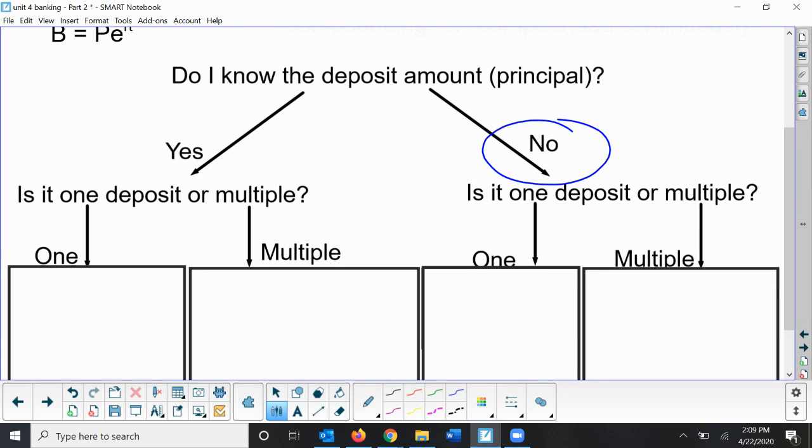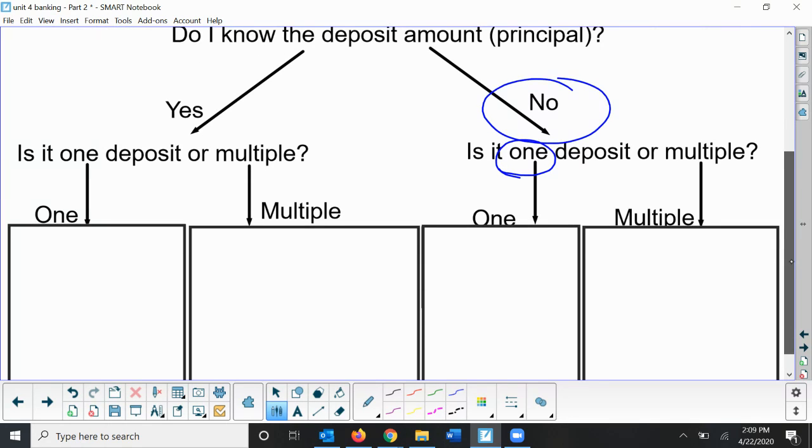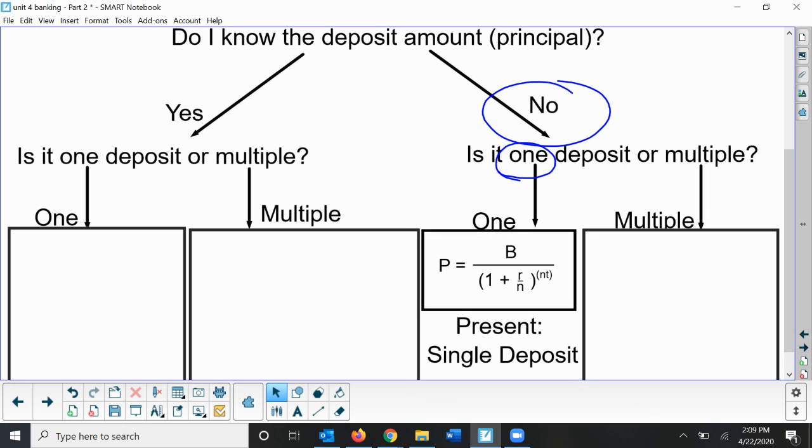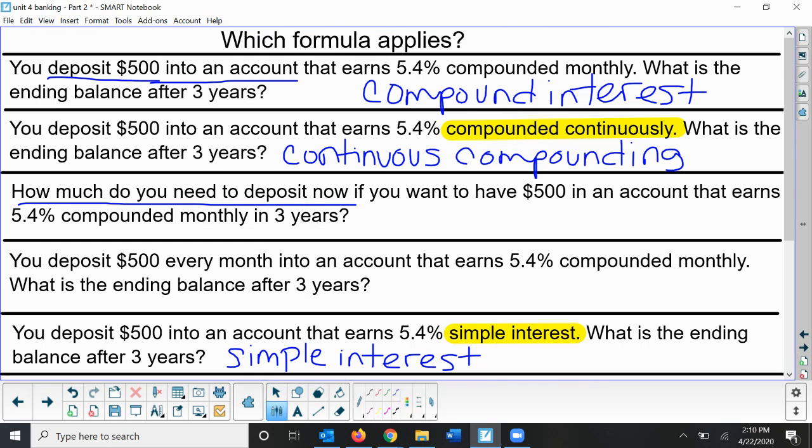And it said, how much do I need to deposit now? Right now, and that is one time. So I don't know the deposit amount, and it is a one-time deposit. That is going to be a present single deposit.